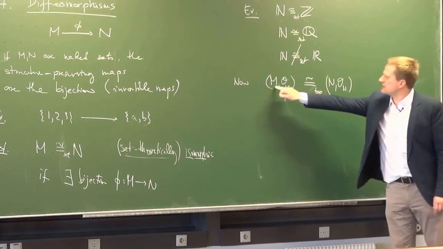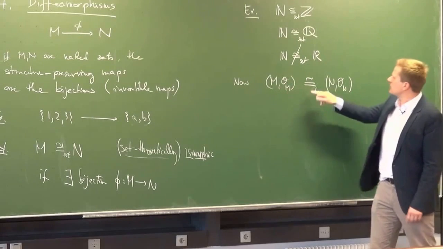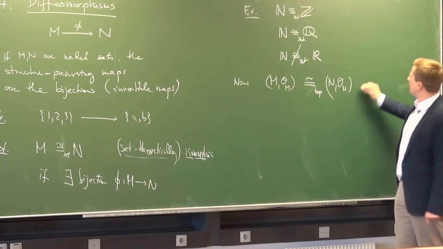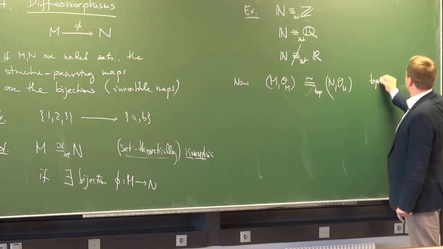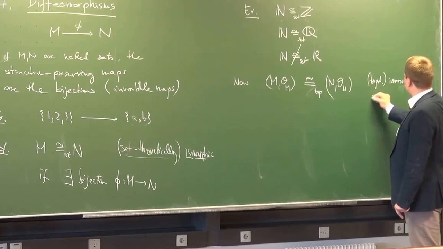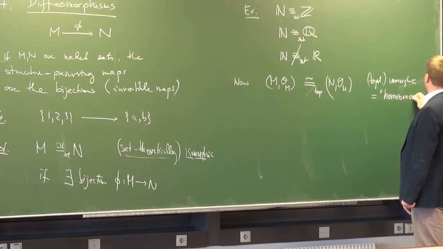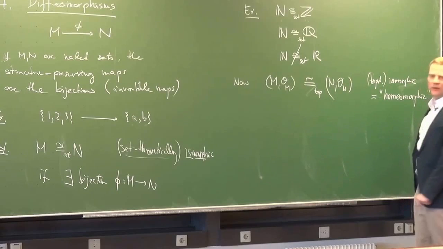Two sets will be topologically isomorphic, but there is a household name for that, and that's called homeomorphic, and that's just traditional language.